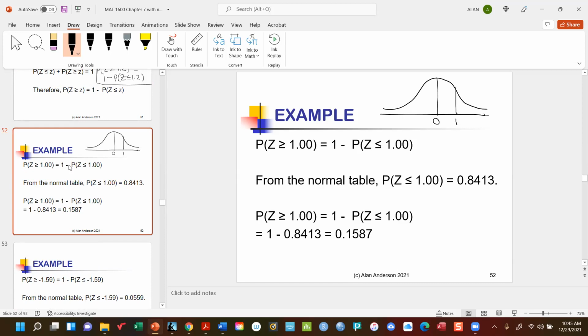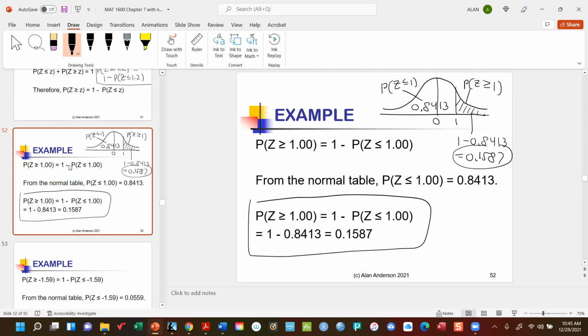So the table, now we're looking for this. But the table tells us this. And we saw earlier that it's 0.8413. So algebraically, that implies that this must be equal to 1 minus 0.8413, or 0.1587. Okay, so that's what we have right here.